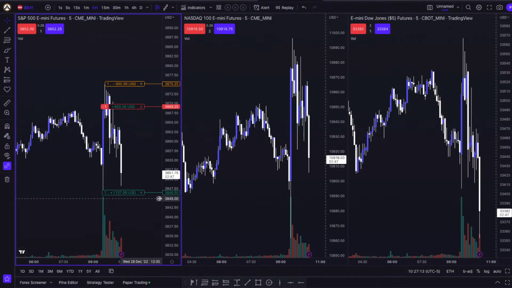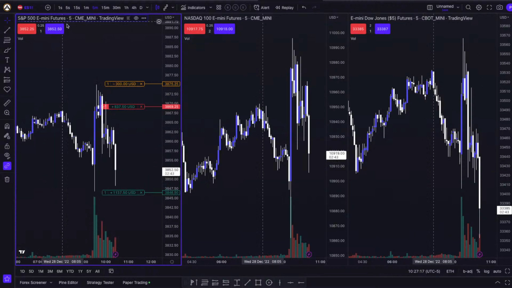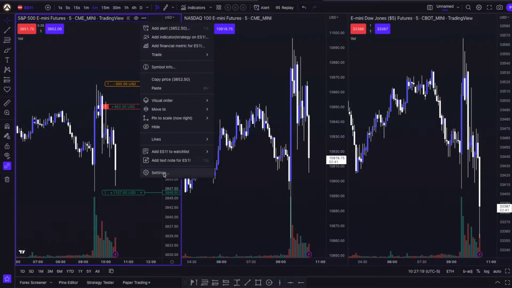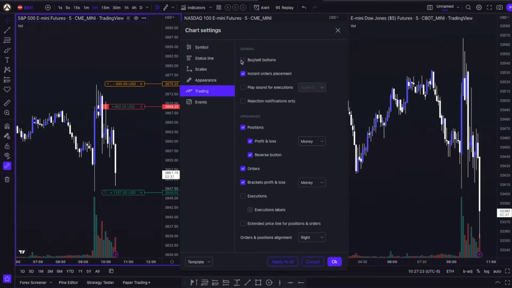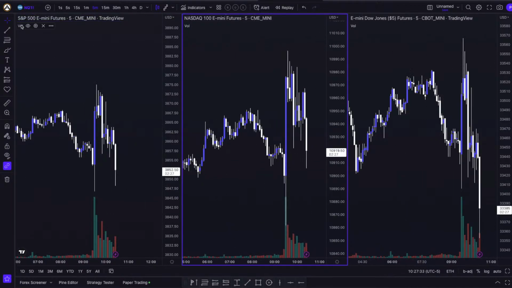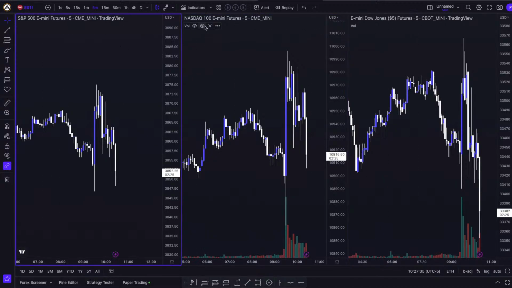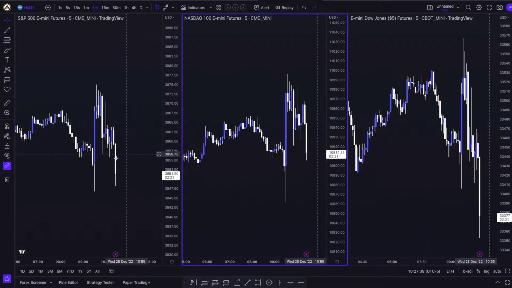So now we can compare lows and highs again. Right here, I actually don't want to see my trades, so I'm going to make buy and sell buttons disappear, instant order placement, positions, orders. Perfect. So I don't want to see them right here on this chart. And now we can compare all 3 US indices with each other.